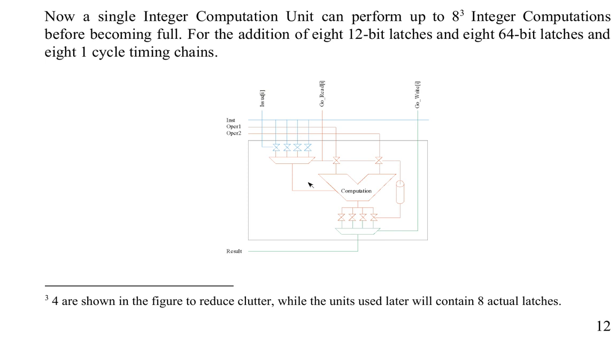Basically it's a series of operand 1 and operand 2 latches with a multiplexer on it, which is then put into a multi-stage pipeline, and the computational result goes out after a certain time delay to result latches, from which you select the one that you want to go on to the register.